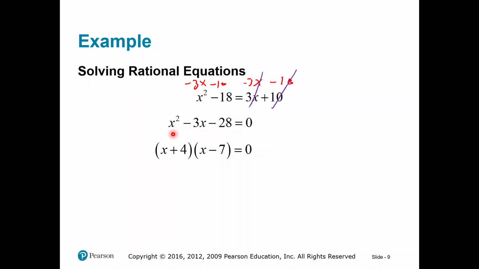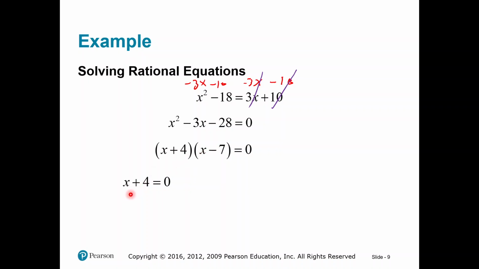Once again, we want to factor. So negative 7 times 4, which is negative 28. Negative 7 plus 4, which is negative 3. So that's why we have this factor of x plus 4 times x minus 7. Split again into two parts.